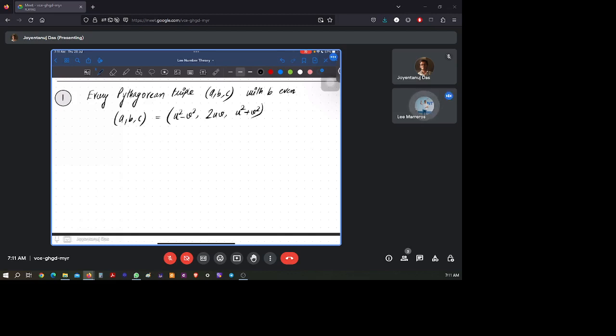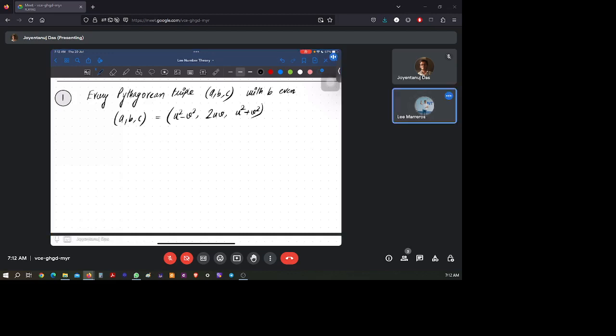In this case, there are no restrictions for u and v, because before, when we had s and d, s must be greater than d. Because that was a primitive Pythagorean triplet, that's why the restrictions were there.